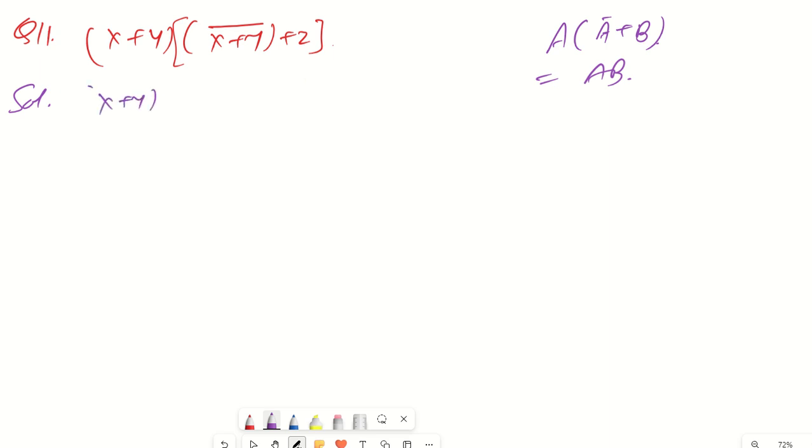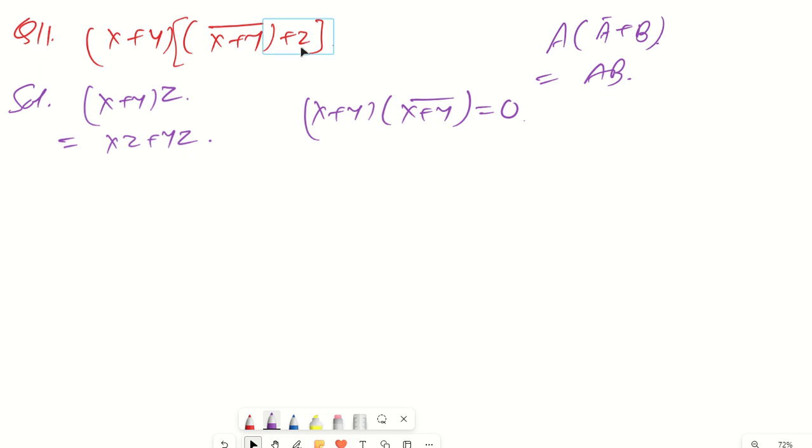X plus y into z, and this one I can multiply and write it down as xz plus yz. That's all, done. So what I have done is, here x plus y into x plus y bar will be 0 plus x plus y into x plus y plus x plus y into z. So that's all done.